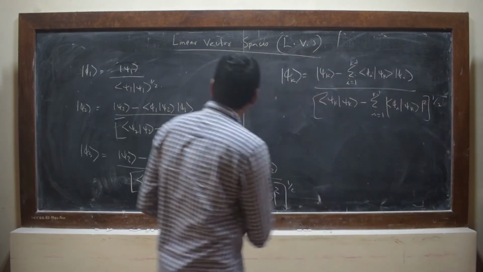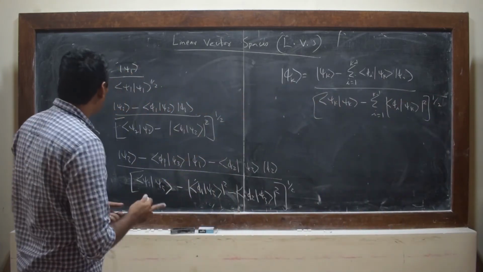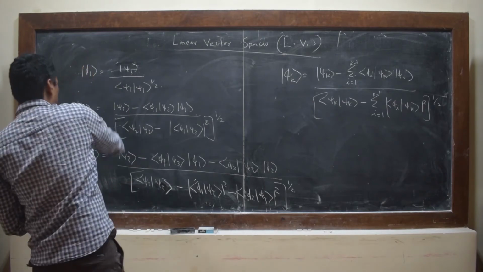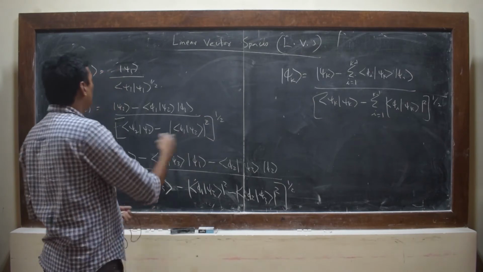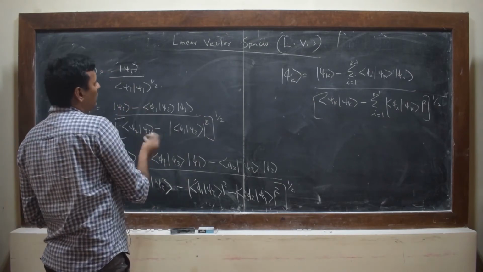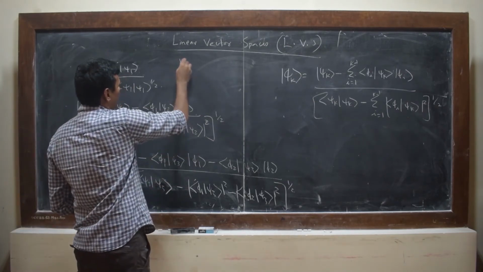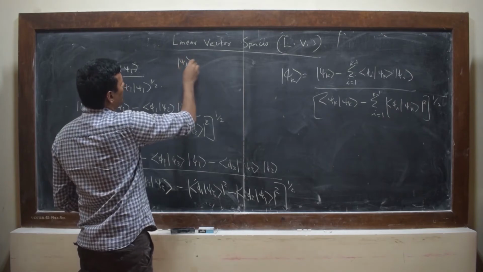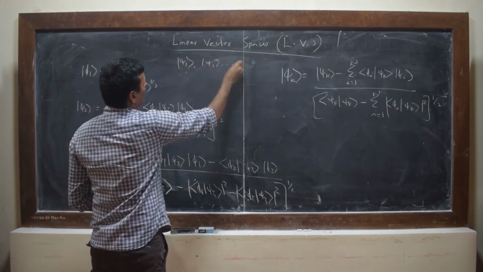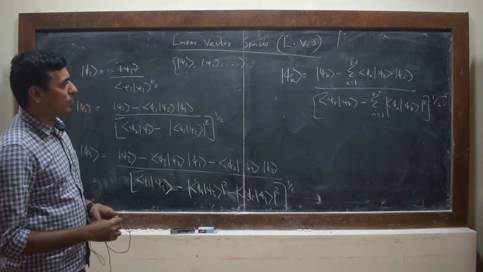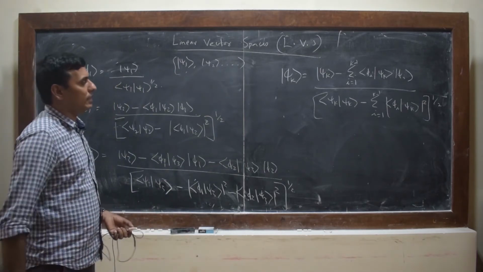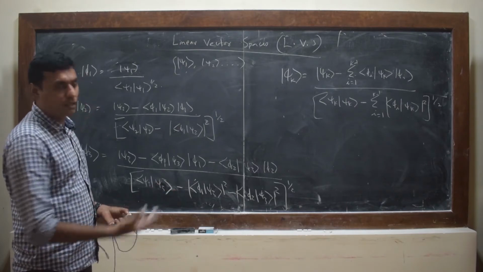So in this way you can construct orthonormal vectors phi 1, phi 2, phi 3, etc. from the vectors of the basis psi 1, psi 2, etc. And this procedure is basically known as the Schmidt orthonormalization procedure. I will do an example and then it will be clear to you.